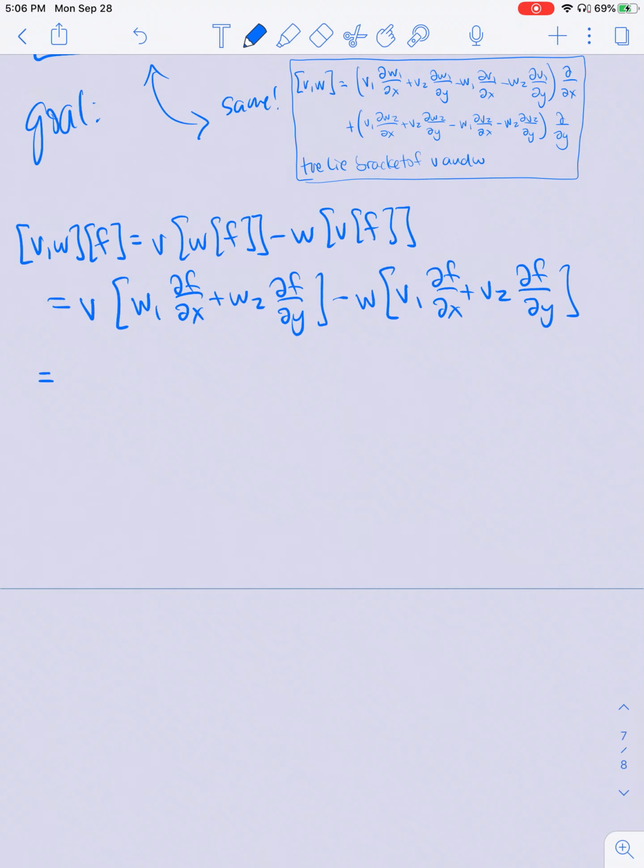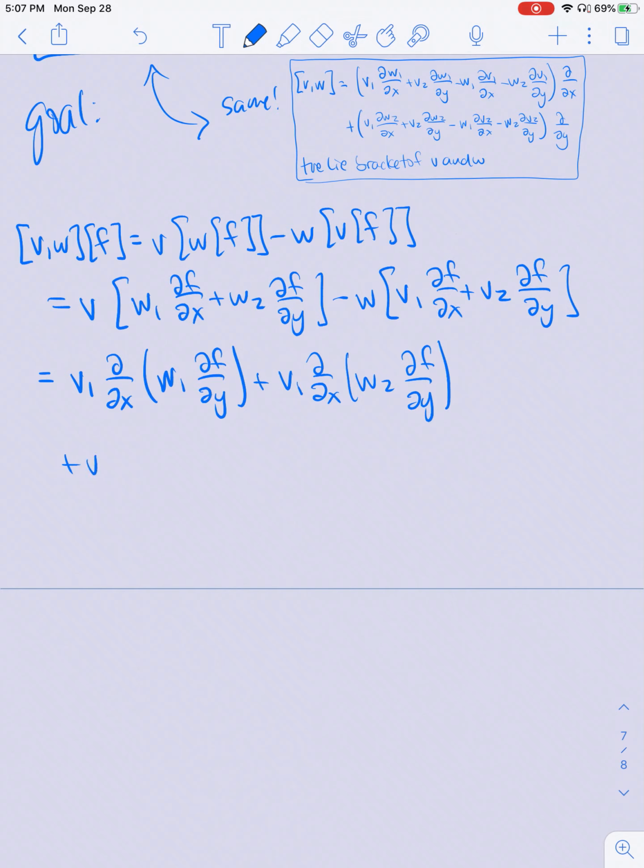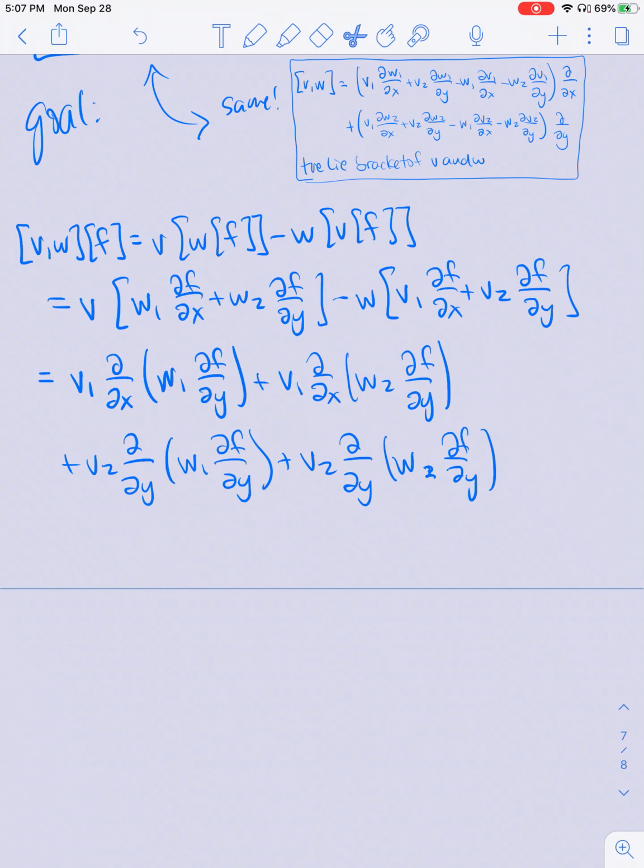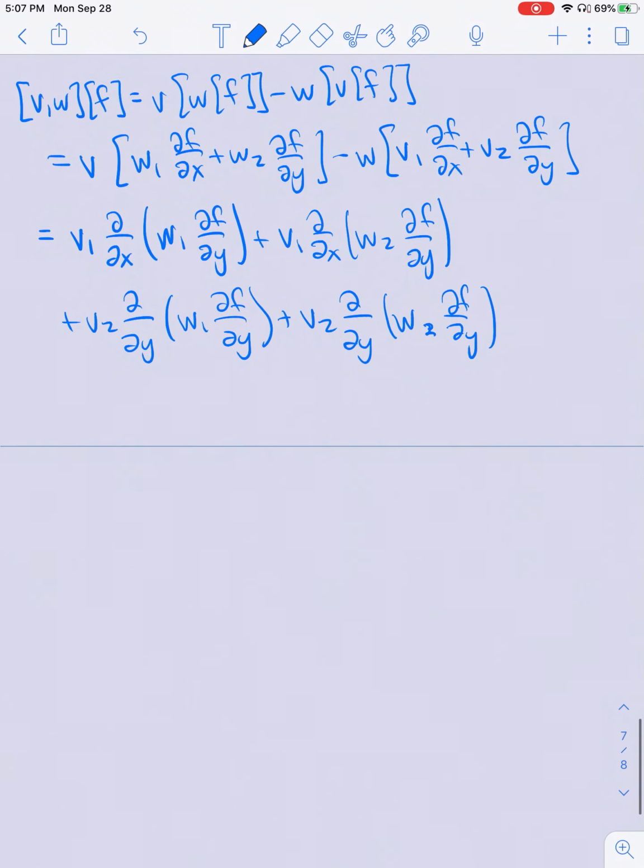So this will be V1 d dx of W1 df dx plus V1 d dx of W2 df dy plus V2 d dy of W1 df dx plus V2 d dy of W2 df dy. And then similarly with the second term, so I'll just go through everything.